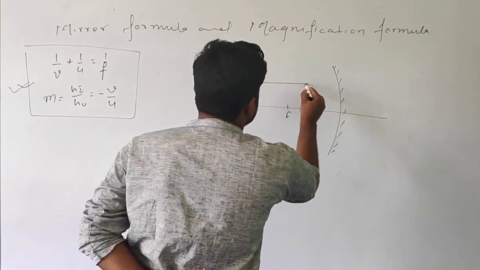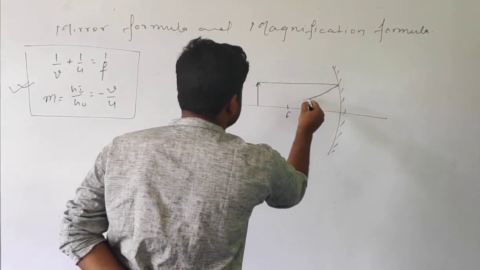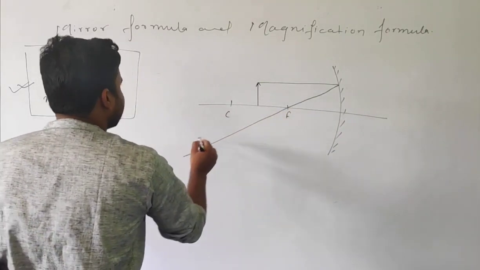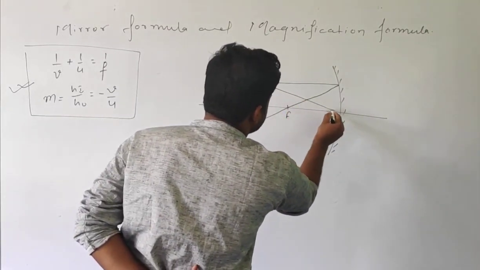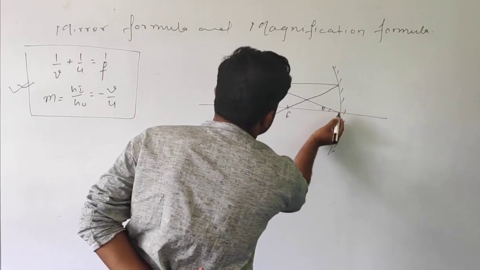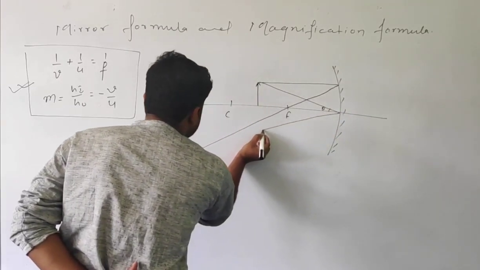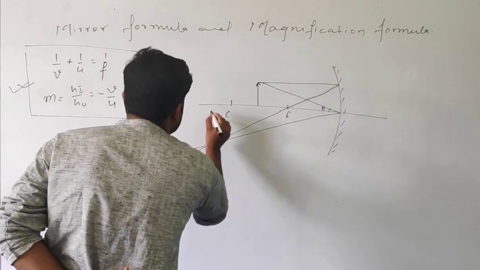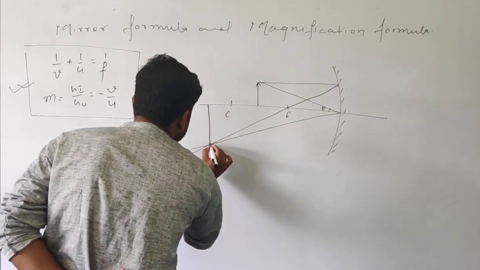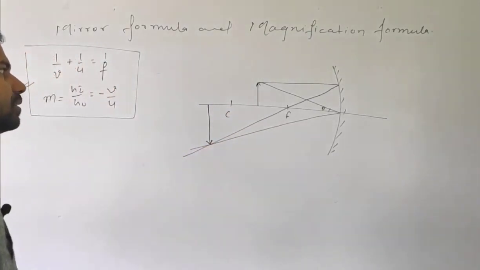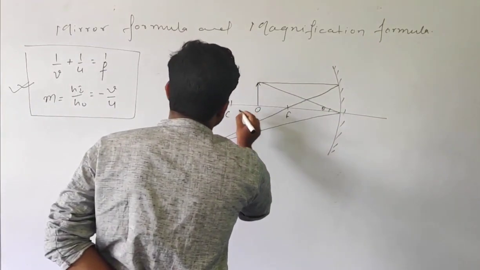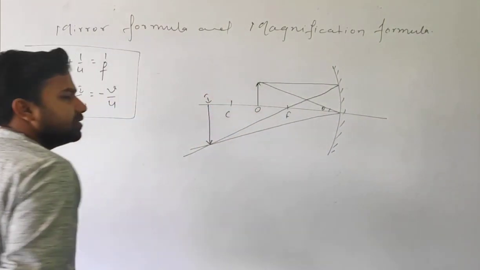The ray coming parallel to the principal axis will pass through the focus, and the ray falling here at theta degree angle will reflect back at the same angle. Where these rays meet, the image will form.